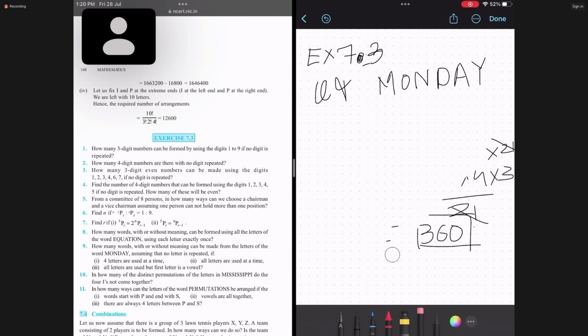Moving on to the second part. The second part says that we have to use all the letters. As we did in question number 8, we are going to use all the letters, and there is no restriction upon us.